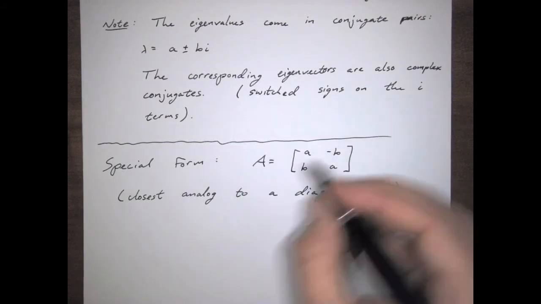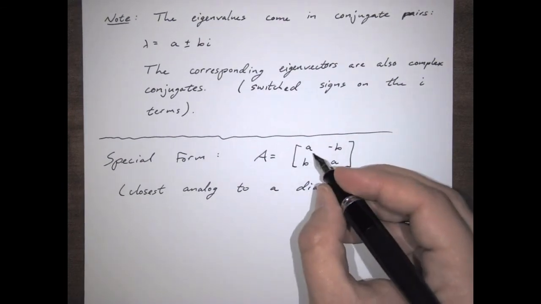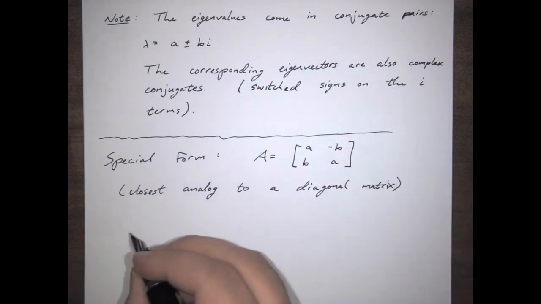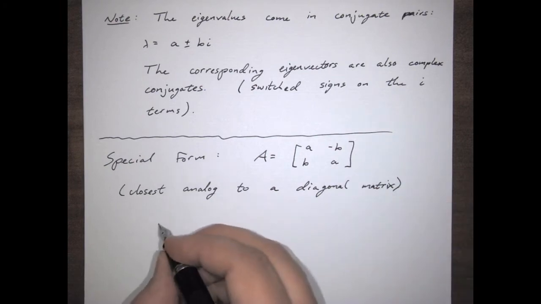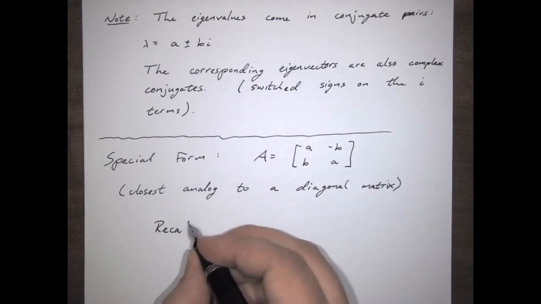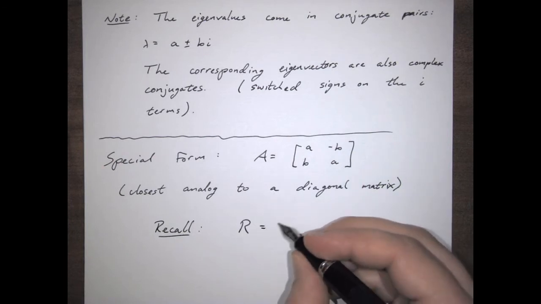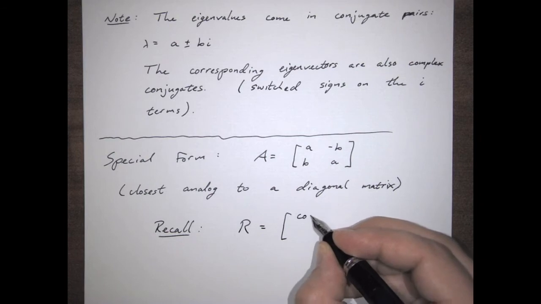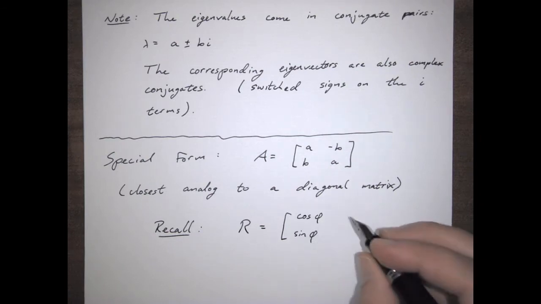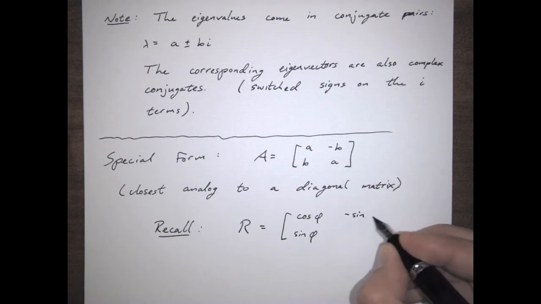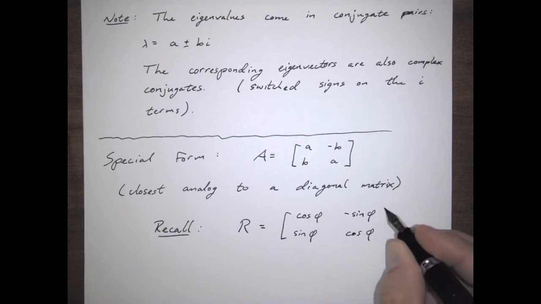Now, observe that if we were to take a matrix like this, it bears a very striking resemblance to the matrix for a rotation. So let's recall how that goes. So recall, I'll call it R for rotation. R equals, and it goes cosine phi, sine phi, minus sine phi, cosine phi.